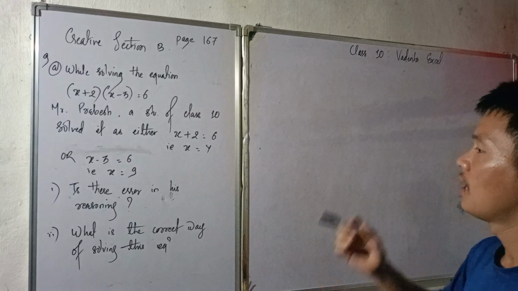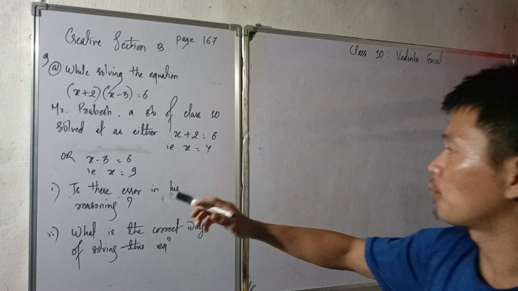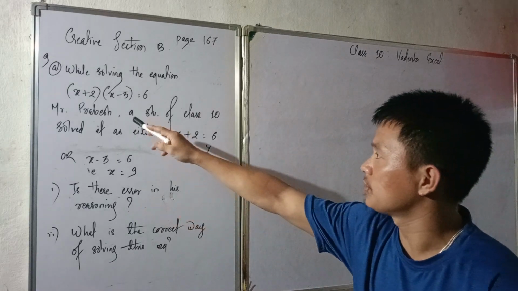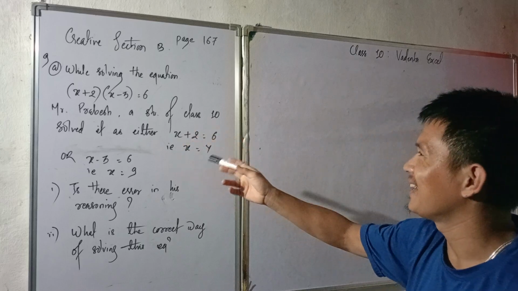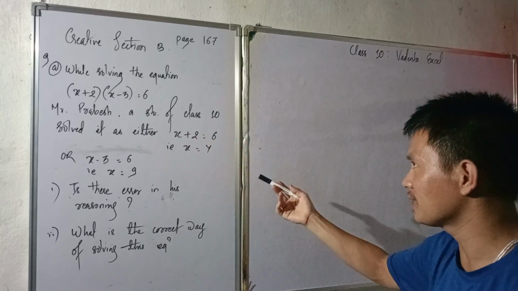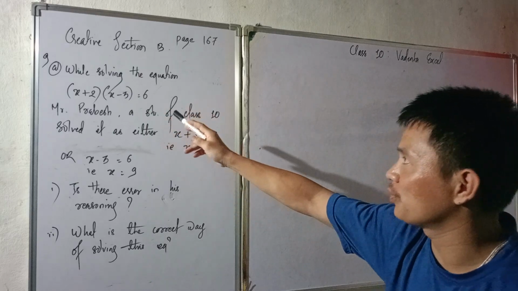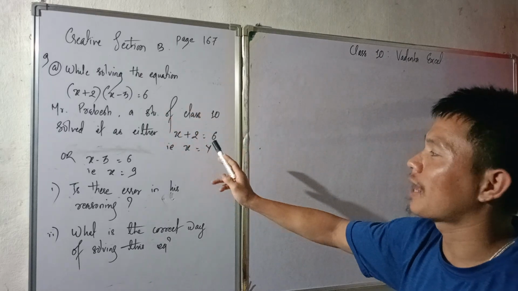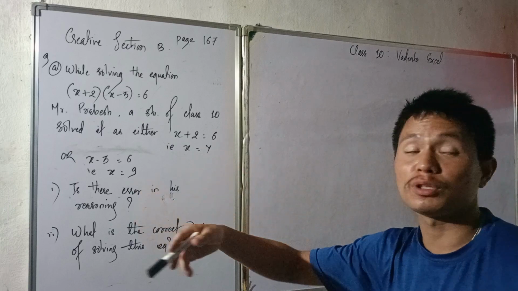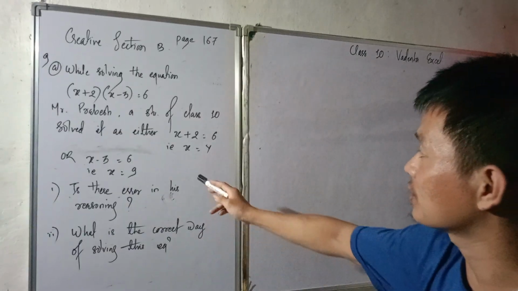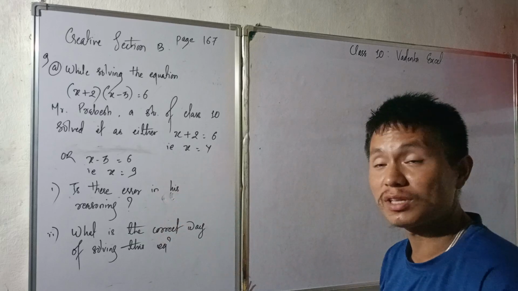Number one question: while Prabesh is doing it this way, he is directly equating x + 2 = 6 and x - 3 = 6. He gets x = 4 and x = 9.